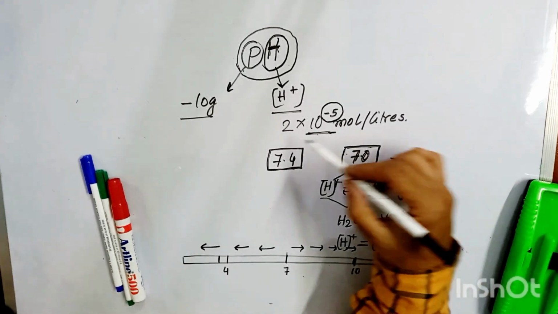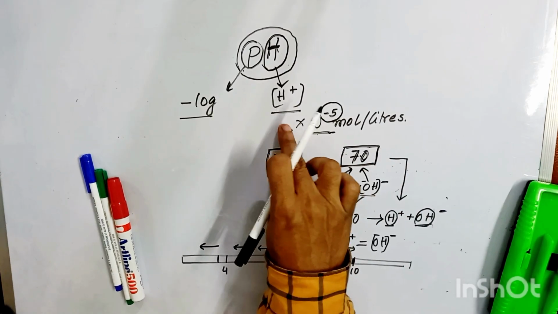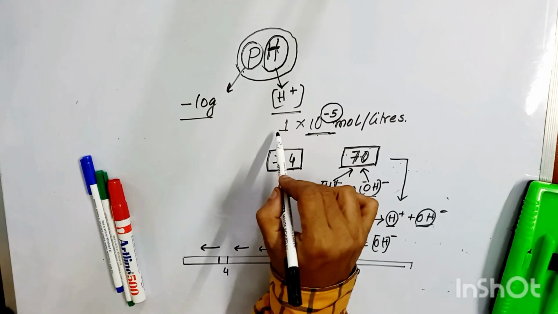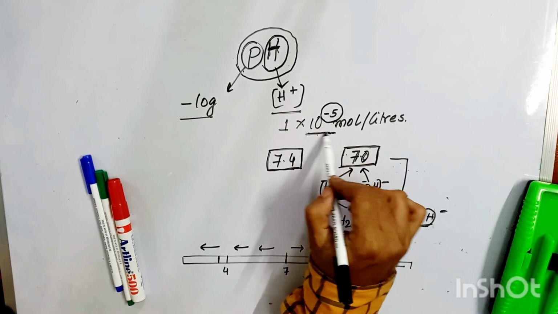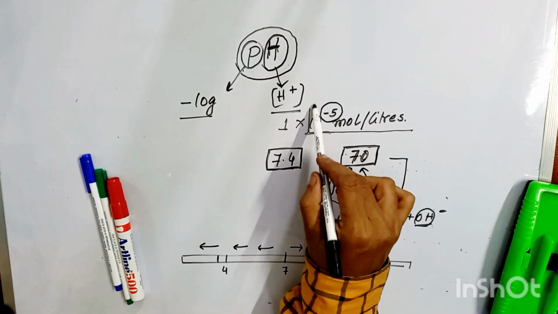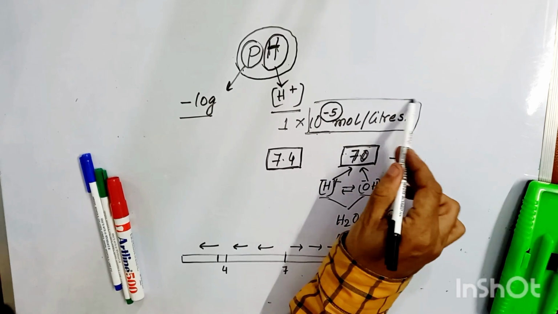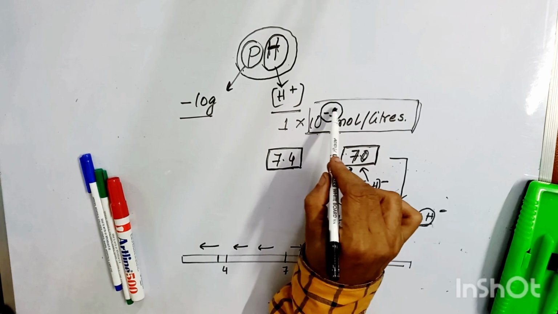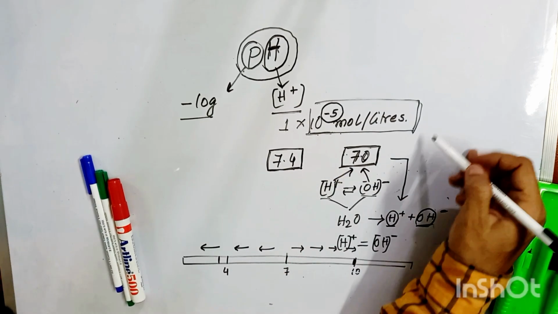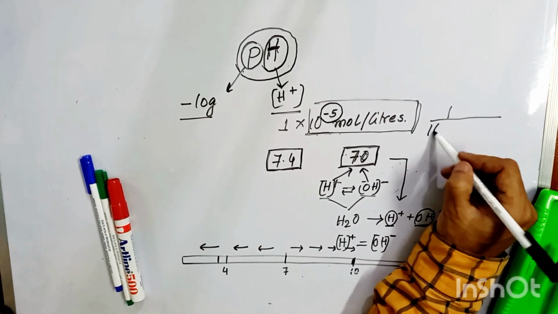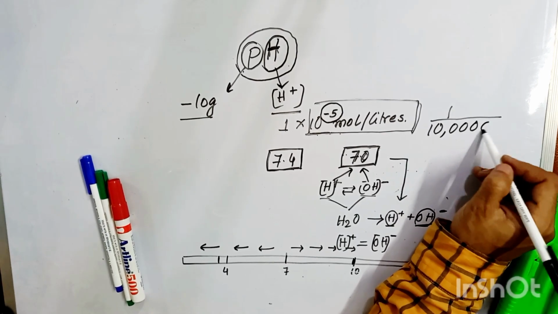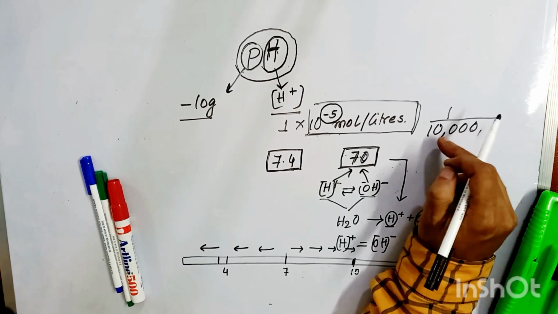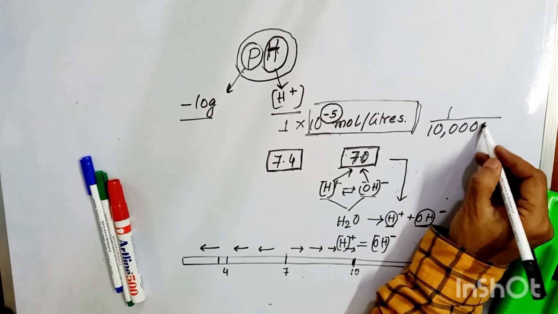Say I write it here, 1 into 10 to the power minus 4 moles per liter. I want to explain this first. 1 into 10 to the power minus 5 moles per liter means 1 mole is divided by this factor of 10 to the power minus 5, 1, 2, 3, 4 and 5.